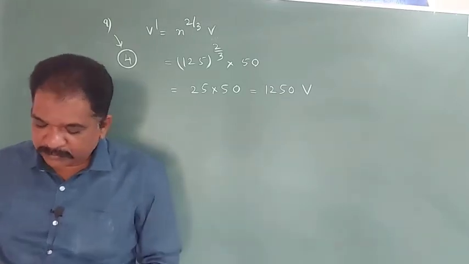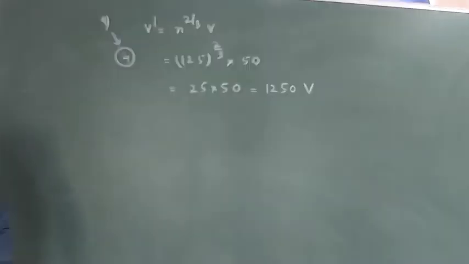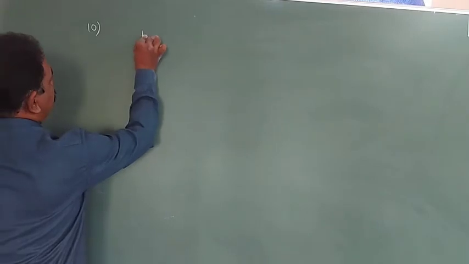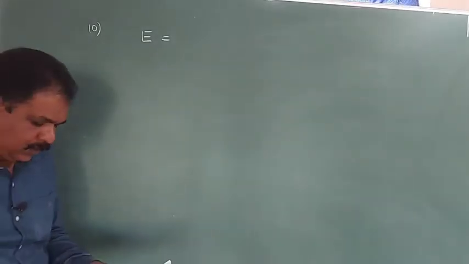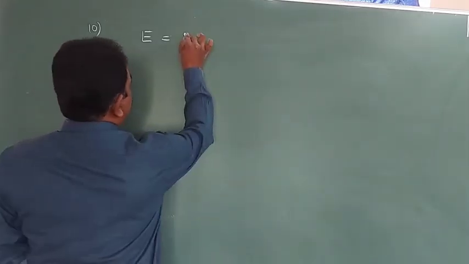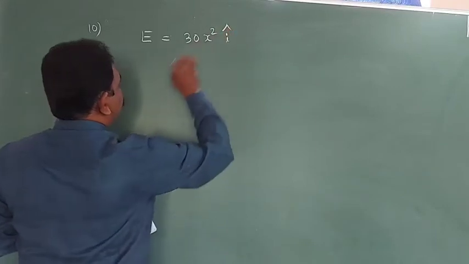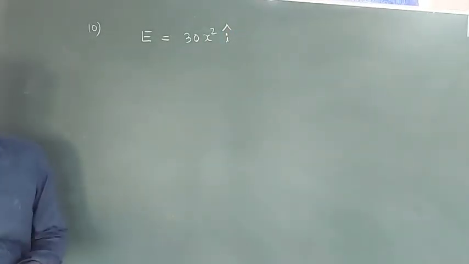So how to do this question? See, they gave the E value. E is equal to 30x square i cap. That is the E value.